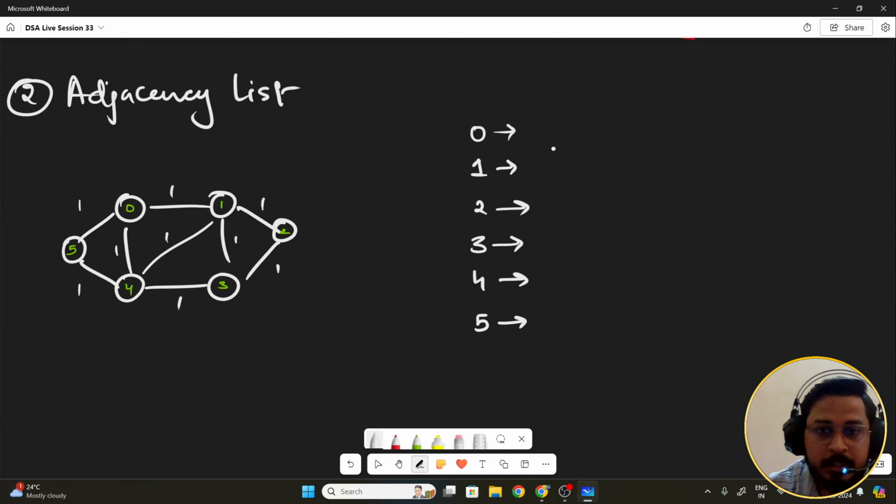So note down all the nodes and tell who all are the neighbors of 0. 0's neighbors are 1, 4, and 5. So right here 1, 4, and 5. Then who all are neighbors of 1? 1 has 0, it has 2, it has 3, it has 4.